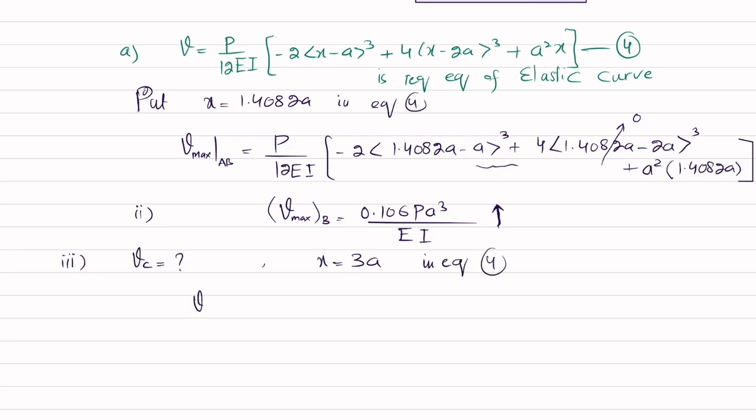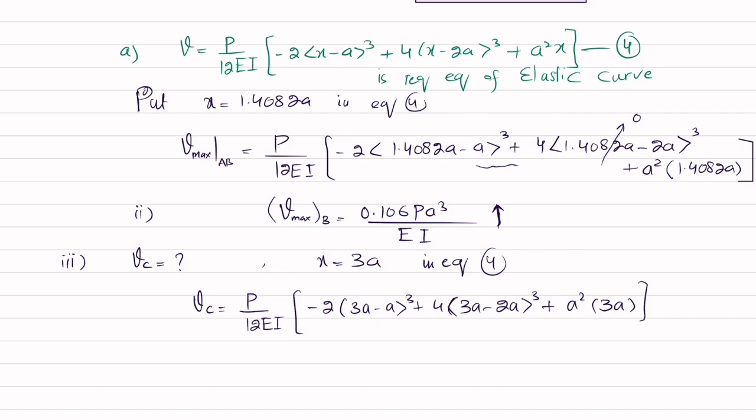So you will get V C, the deflection at point C, is P over 12 EI into minus 2 times (3a minus a) whole cubed, plus 4 into (3a minus 2a) whole cubed, plus a squared into 3a.